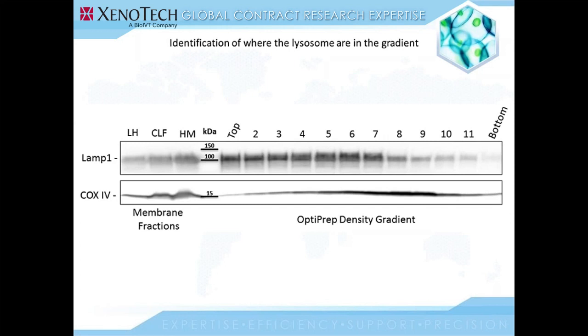Also, the COX-4 activity coincides very nicely with our detection of that protein along the gradient. So this confirms that our enzymatic activity does correlate well to the detection of these protein markers throughout their respective organelles.